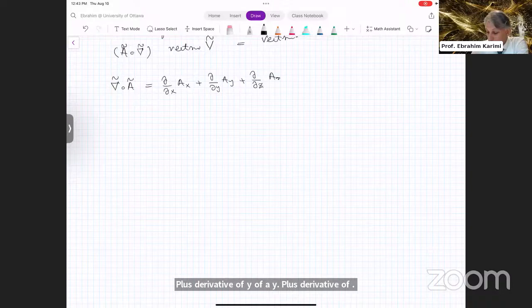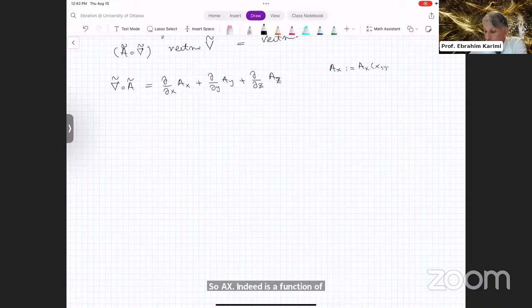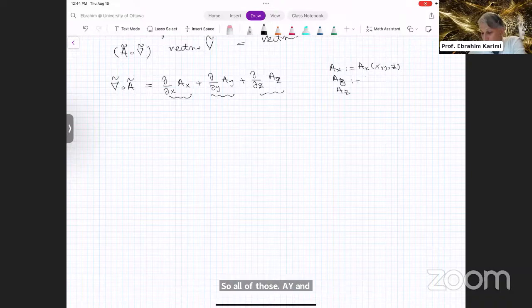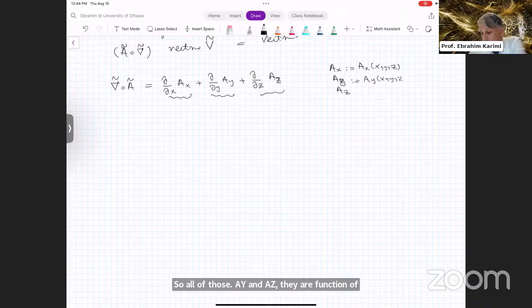Okay. So ax indeed is a function of x, y, and z. So the derivative exists. Maybe it is 0, maybe it is not 0, depending on the function. The same for ay, the same for az. So all of those, ax, ay and az, are functions of x, y, and z.